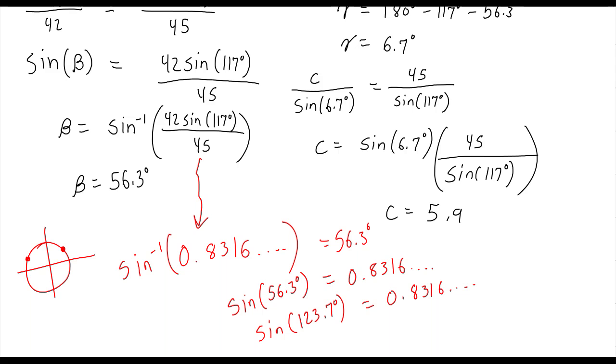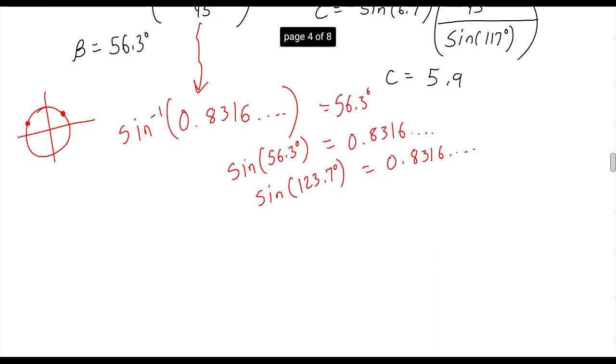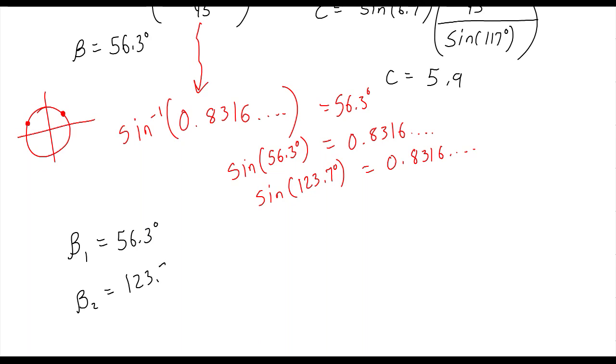Perhaps beta equals 56.3 degrees, but it's also possible that beta could equal 123.7 degrees. So now I have to check to see if that's a feasible answer, if that's actually possible. So go back and compare.